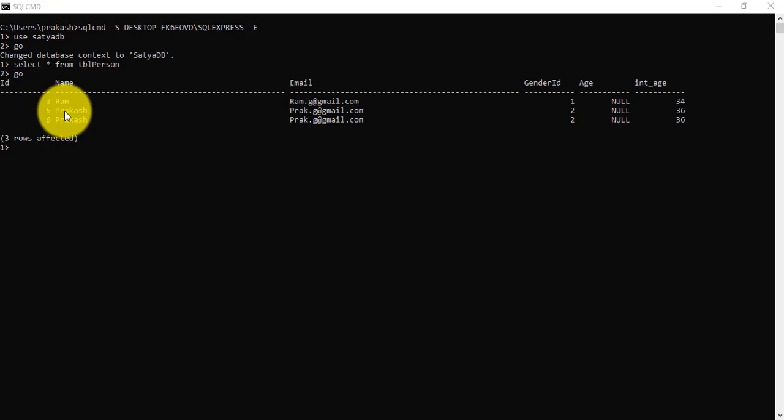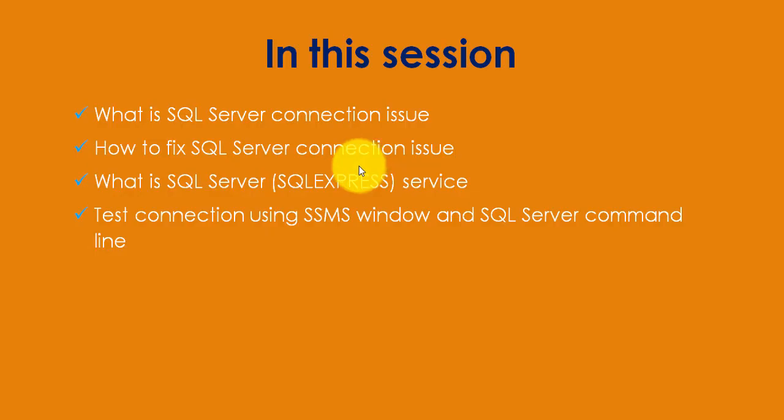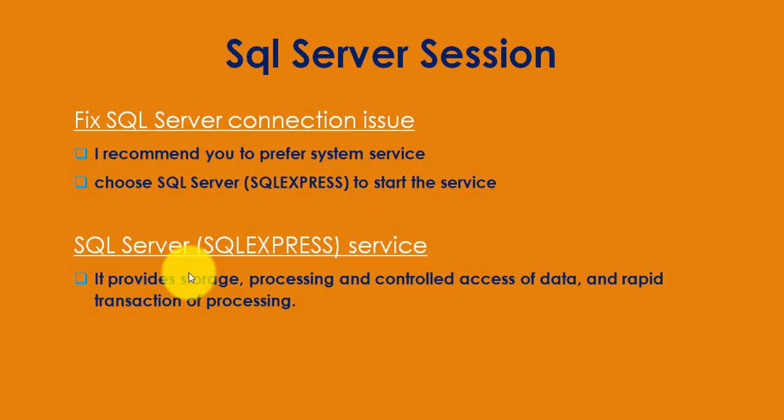Next is what is the SQL Server SQLEXPRESS service, and how to test connection using the SSMS window and SQL command line. To fix SQL Server connection issue, I recommend you to prefer the system services.